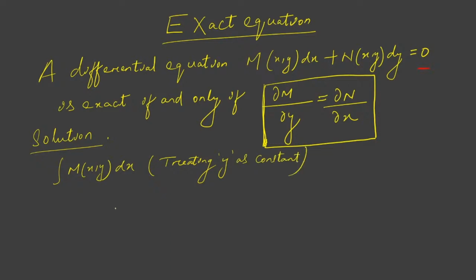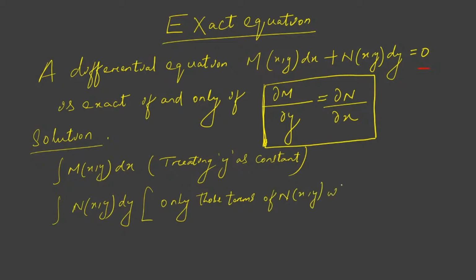Then you have to integrate N(x,y) dy, but only those terms of N(x,y) which do not contain x. Suppose the first is your result r1, and after integration you find a result r2.